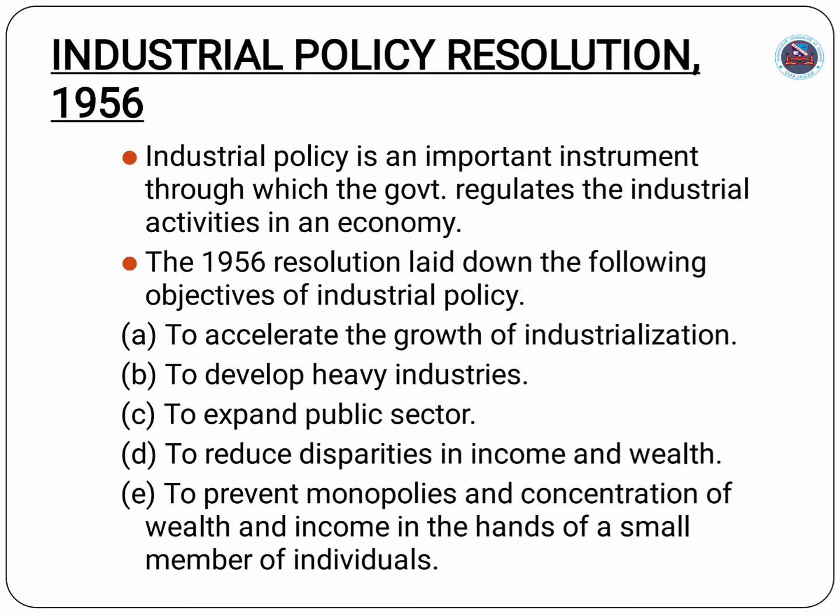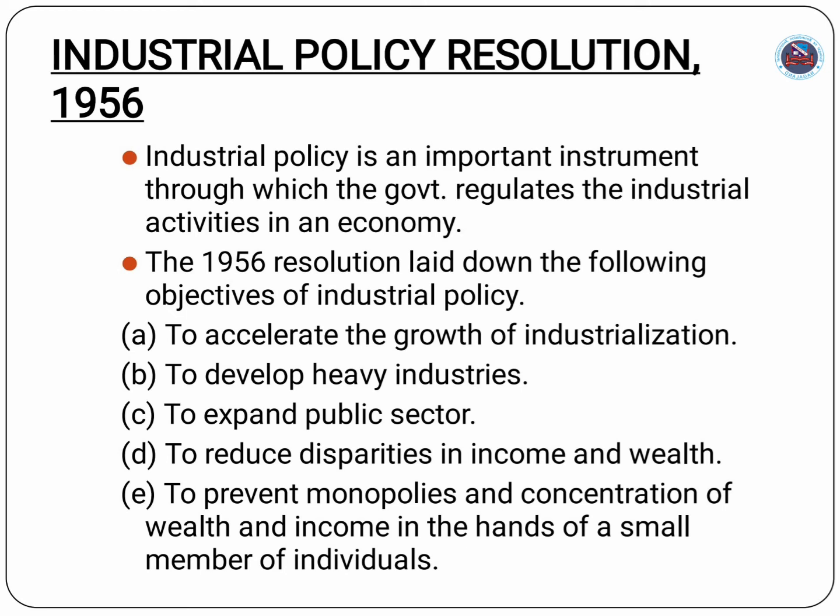The second objective is to develop heavy industry. Third, to expand our public sector, that is government sector. Fourth, to reduce inequalities or disparity in income and wealth between the rich and the poor. And the last objective of Industrial Policy Resolution 1956 is to prevent monopolies, to prevent ownership by a single individual.